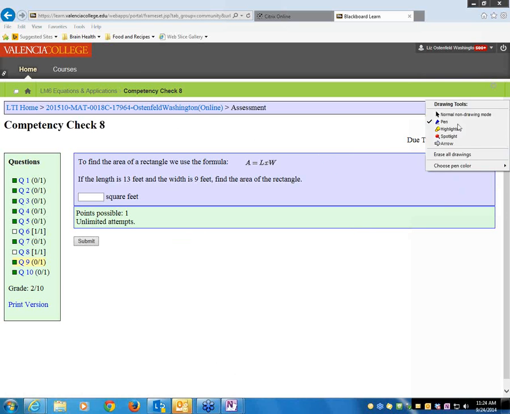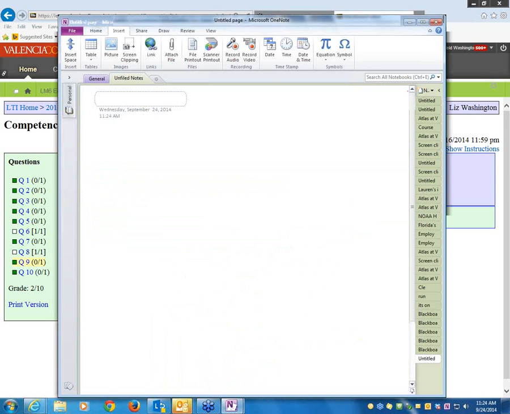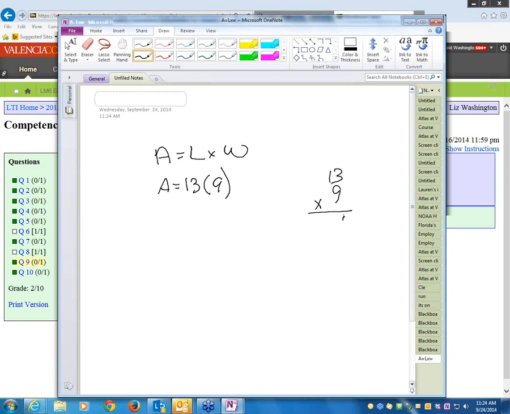So I got 13 times 9. New screen. There, so my area is length times width. My length was 13 and my width was 9. Scratch paper on the side. 7, 29, 10, 11. So my area is 117.